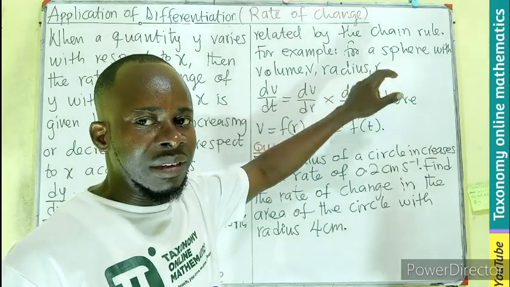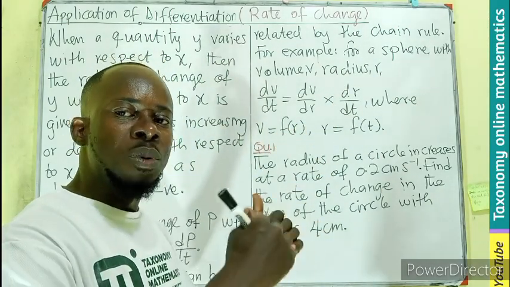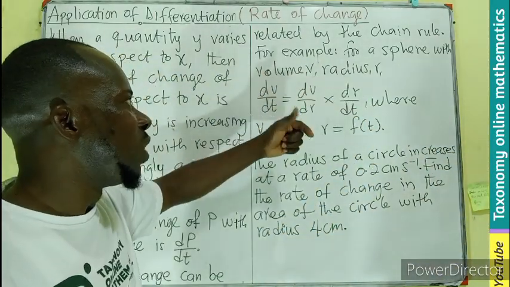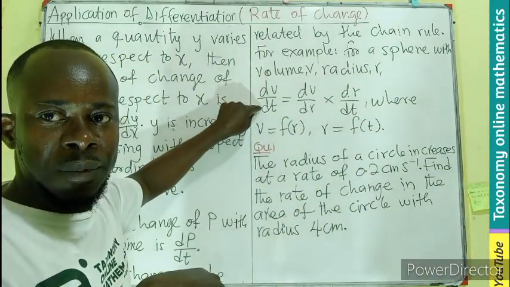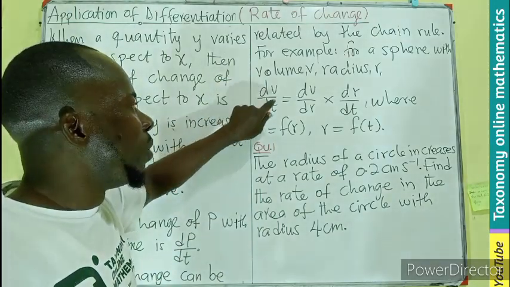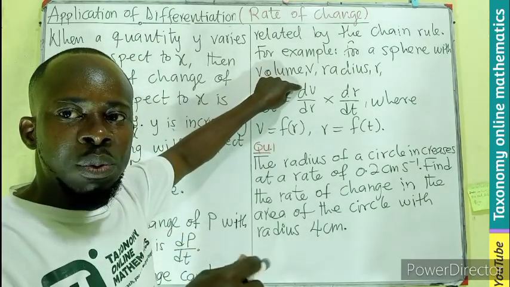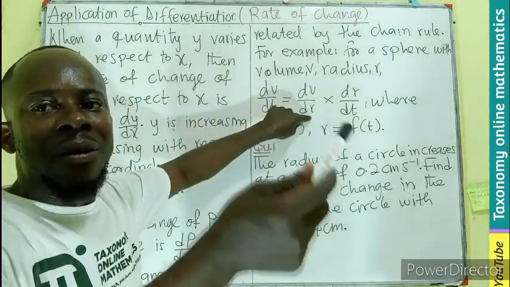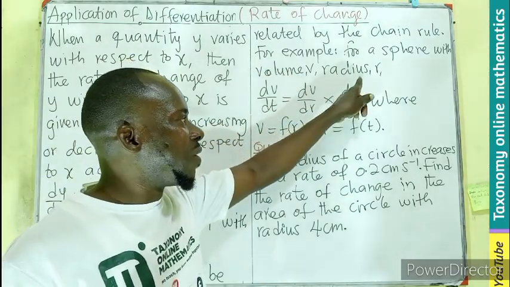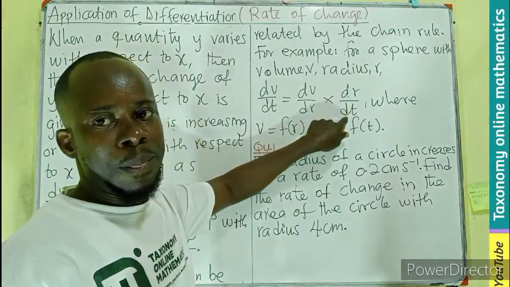For example, the volume of a sphere is given in terms of r, the radius. Then the rate at which the volume is changing with respect to time is equal to the rate at which the volume is changing with respect to the radius, times the rate at which the radius is changing with respect to time.